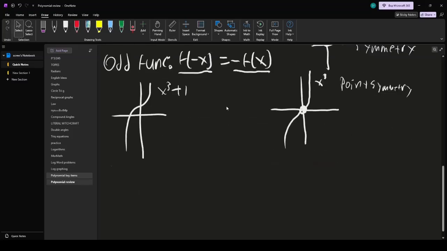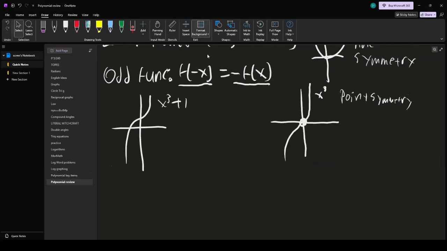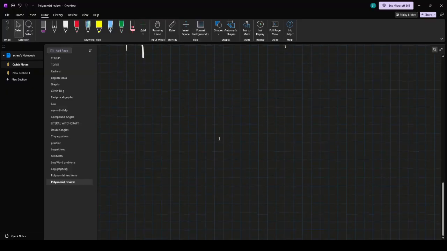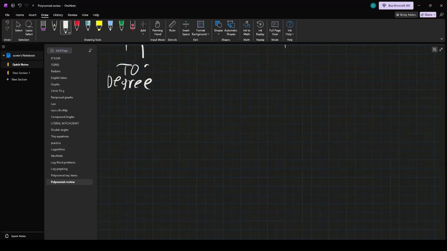The next thing we need to know is graphing. The easiest way is to graph using zeros. To do that, we're going to need a couple of things. The first thing we need is the degree of the function.